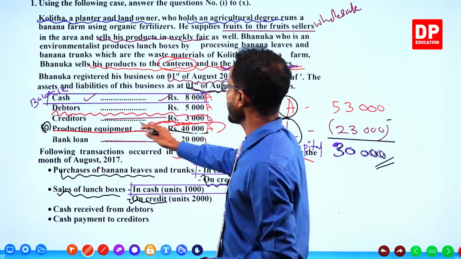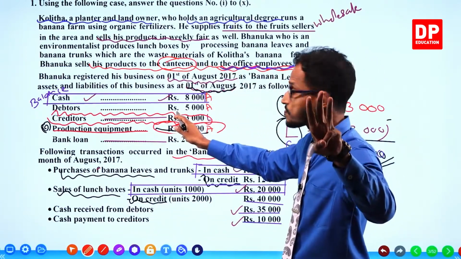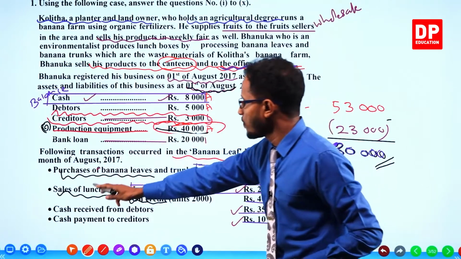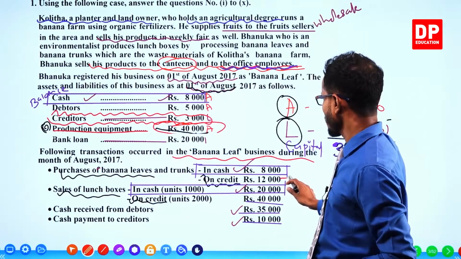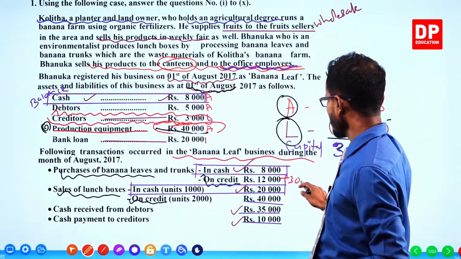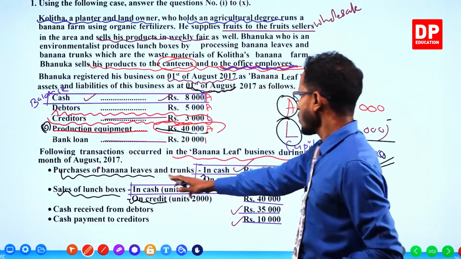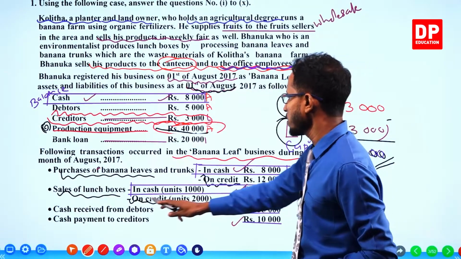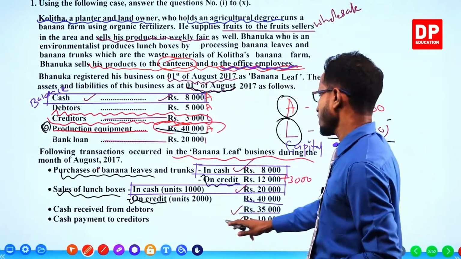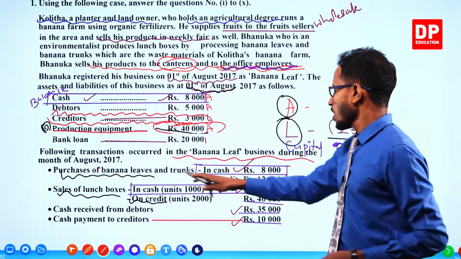We have the opening balance 3,000. Plus, we have bought more on credit, 12,000. So 12,000 plus 3, 15,000. From 15,000 of creditors, to them we have paid 10,000.